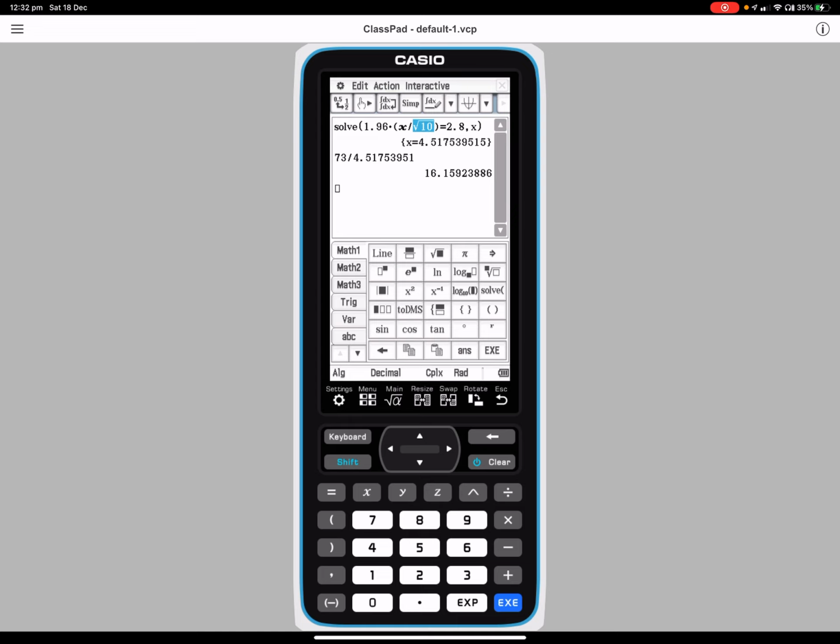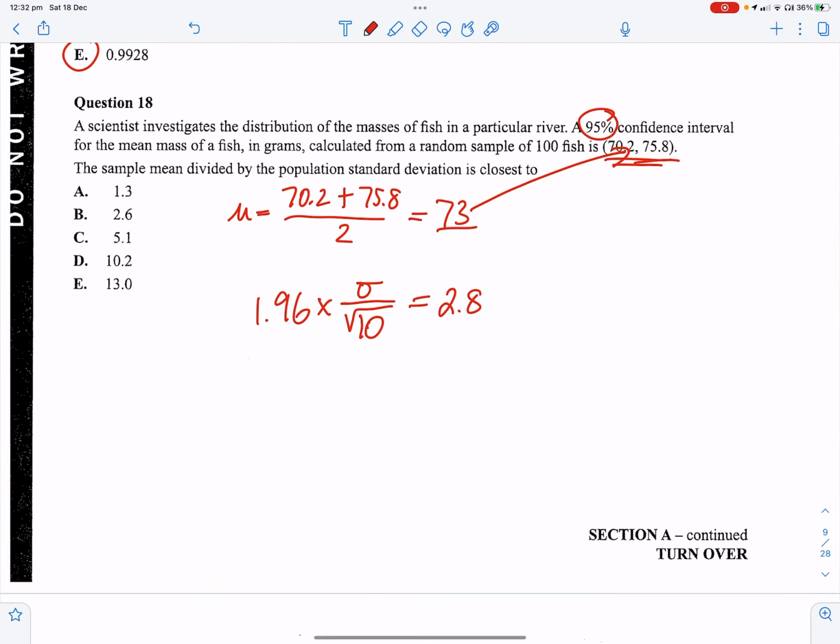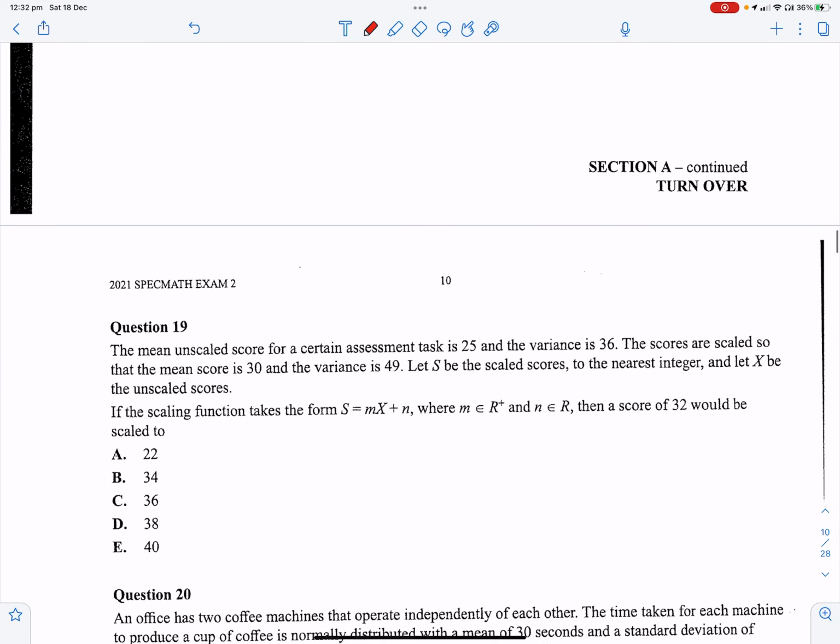Why have I got root 10? It's either root 100 or it's 10. There's my issue. 14.28. So I want to do 73 divided by that. 5.1. So that's on 10 or root 100.